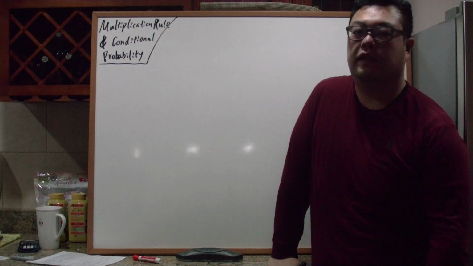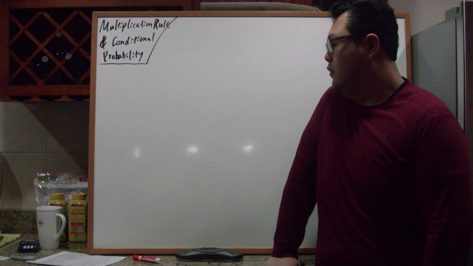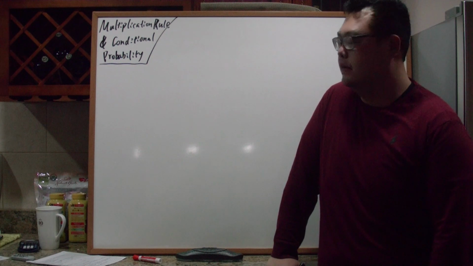Multiplication rule and conditional probability, which we can see by some examples.